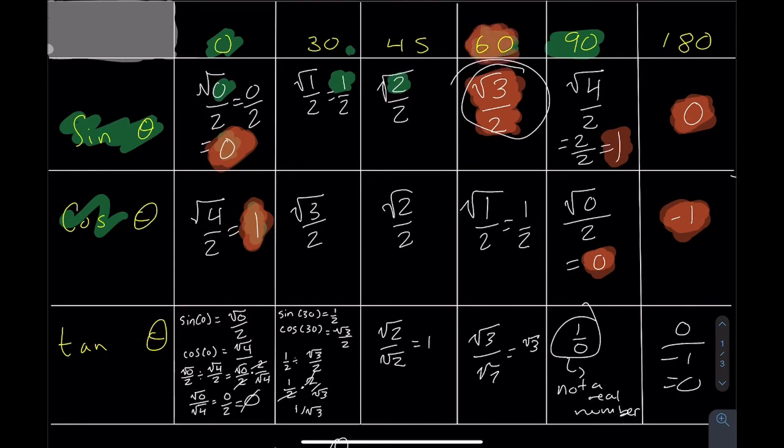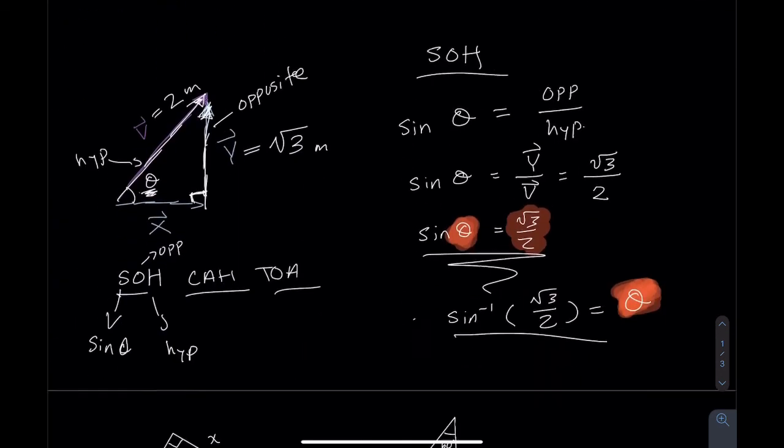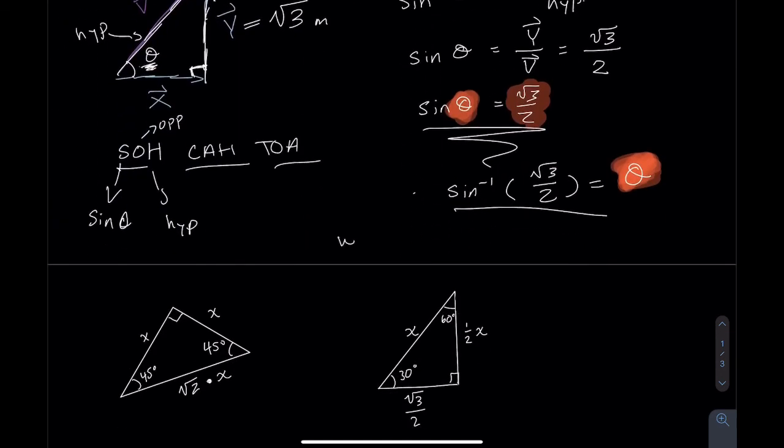So when we're looking at sine, here is root 3 over 2, and that's going to be 60 degrees. So when theta is equal to 60 degrees, let's write this down here. We can do our therefore statement: therefore, when theta is equal to 60 degrees, sine of 60 degrees is equal to root 3 over 2.